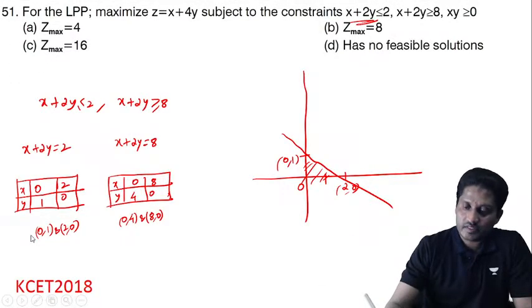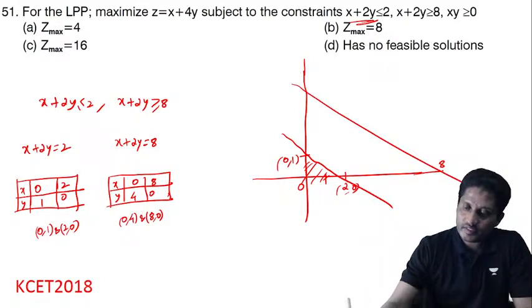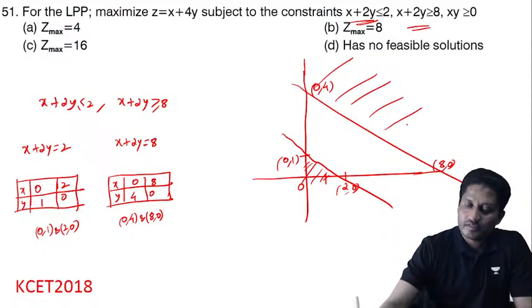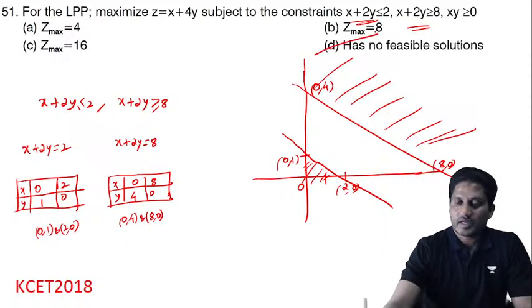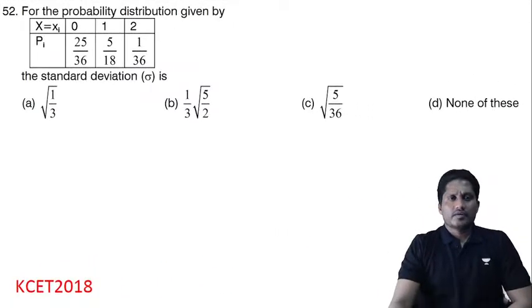Then x plus 2y, 0, 4 and 8, 0, greater than or equal to 8. This is away from the origin. There is no feasible region. Answer is option D. Let's move to the next question.